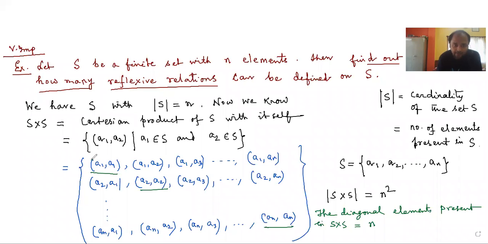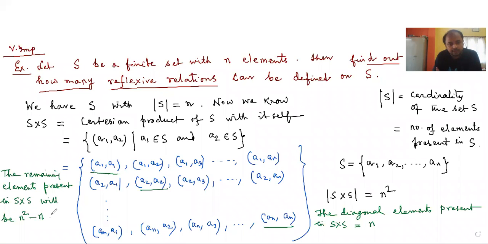Apart from these diagonal elements, if I do not consider them, the remaining elements present in S cross S will be n square minus n. So there are n square minus n elements where the diagonal elements have not been considered.